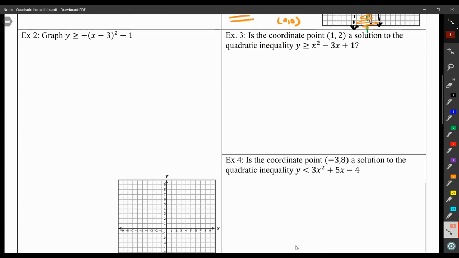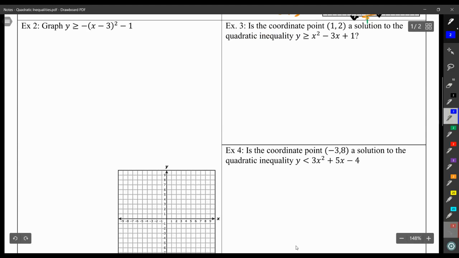For number 2, I'm going to help you start it, and then I'm going to let you finish it on your own. So the first step is finding the 3 points on my parabola. The first thing we're going to find is the vertex. Now, this one is actually in vertex form, which means finding your vertex is now a lot simpler. We can simply use h comma k to find the vertex. So -3 is the h, -1 is the k.